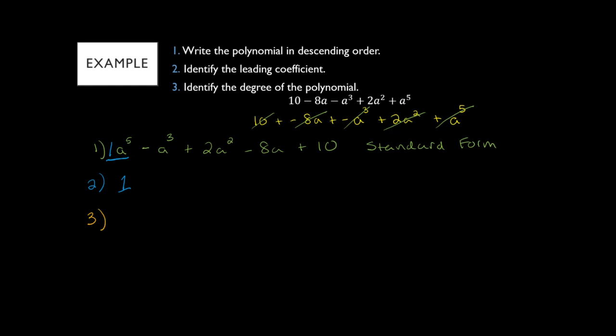Then question 3 says identify the degree of the polynomial. The degree of the polynomial is the highest exponent. So again, you look at that leading term and you read that exponent, which is 5, so the degree of the polynomial is 5.